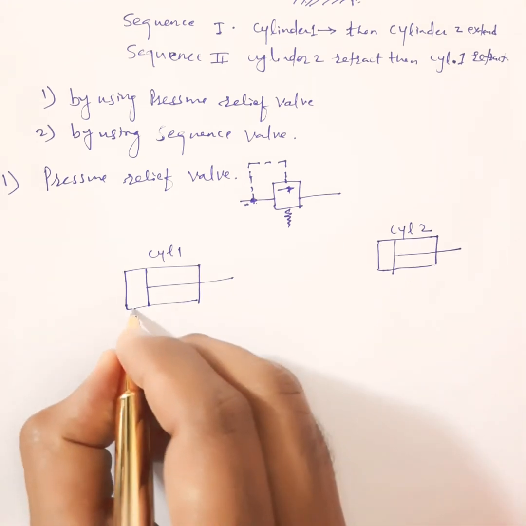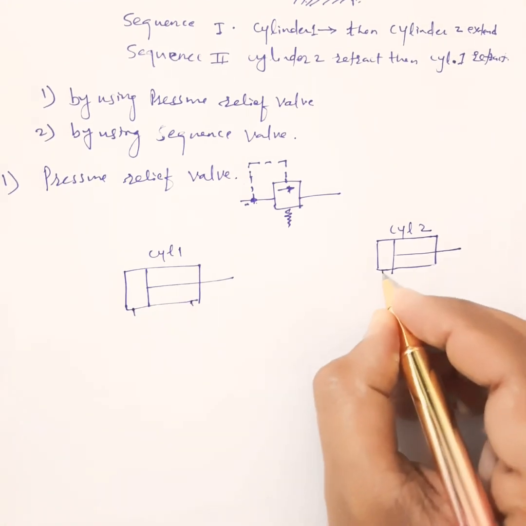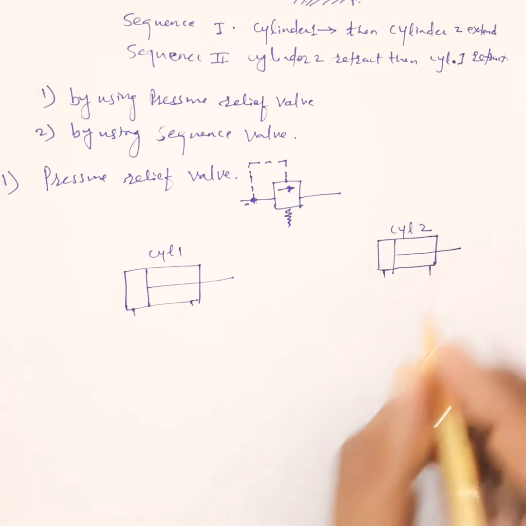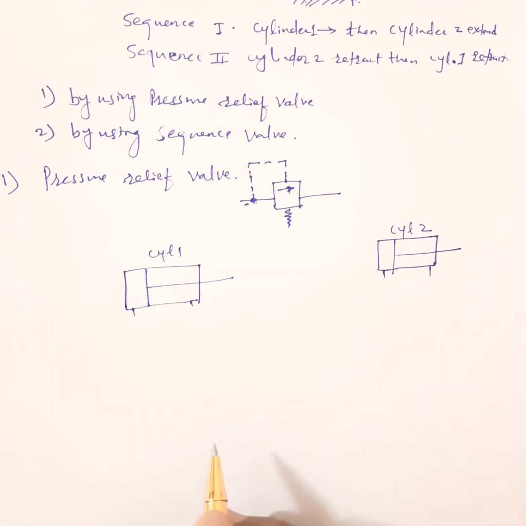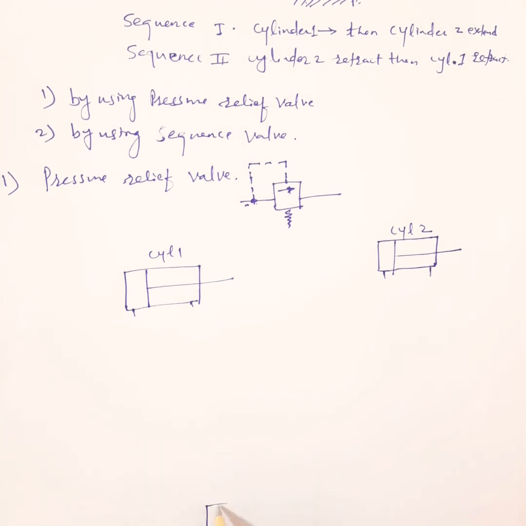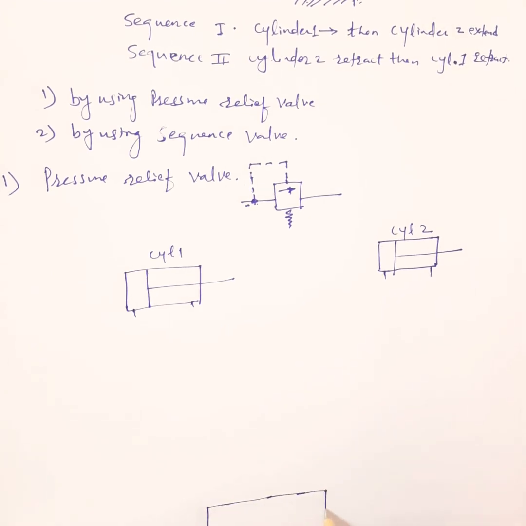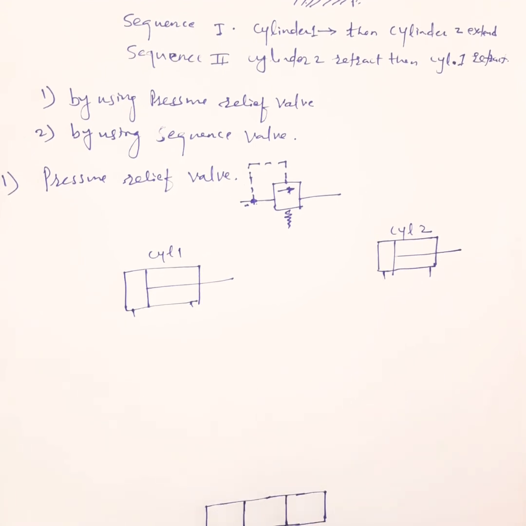As both are double acting cylinders, we need a direction control valve which has at least two ports on the upper side. So we will use a DCV. The DCV should have 4 ports: 2 ports for the tank and your pump, and 2 ports for the actuator. Here we are using a 3 position DCV. You can use a 2 position also, there is no issue, but at least 4 ports should be there.